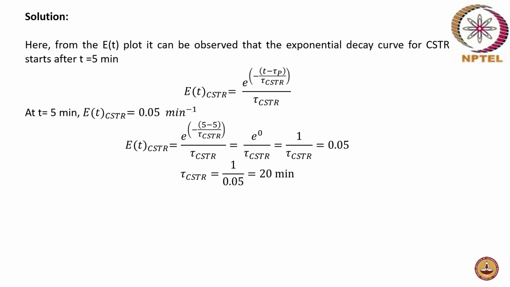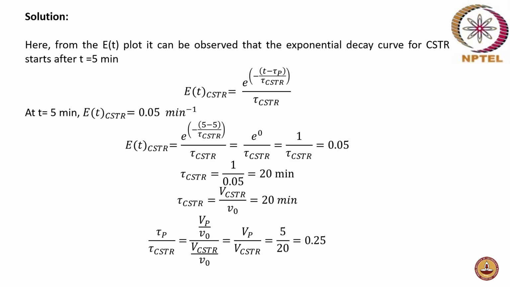Okay. So, now we have tau of the pipe, that is space time of the pipe, which is nothing but 5 minutes, and tau of CSTR 20 minutes. Right. So, tau of CSTR is volume of CSTR by volumetric flow rate, that is equal to 20 minutes. So, here, tau p by tau CSTR is equal to Vp by V naught divided by V CSTR by V naught.